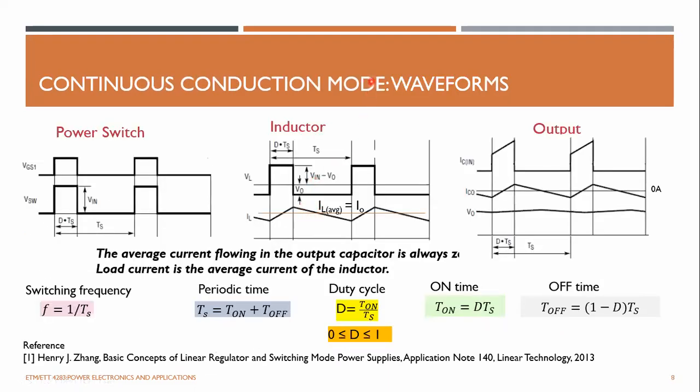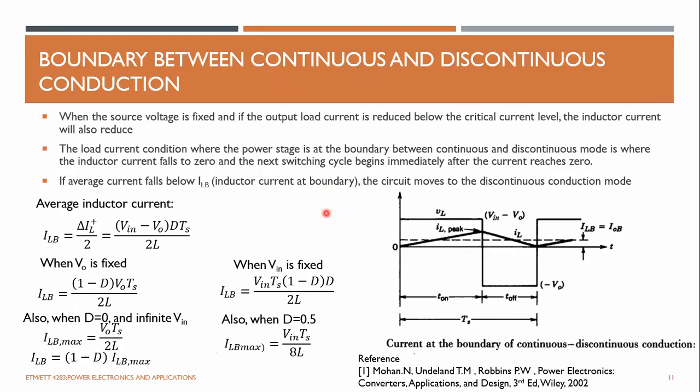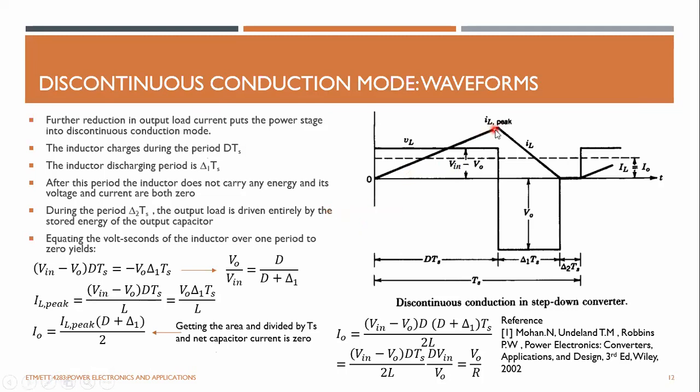In continuous mode, you can see the inductor current always has a DC offset, and it never reaches zero. The inductor current is switching like this, and never goes to zero. In discontinuous conduction mode, the inductor current starts from zero and goes up, and there's a dead time where the inductor doesn't have any energy.